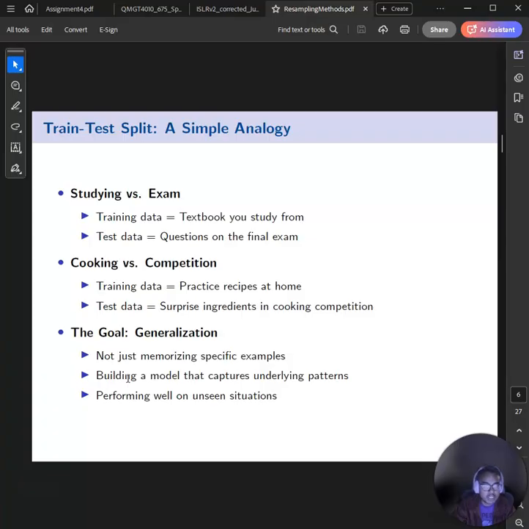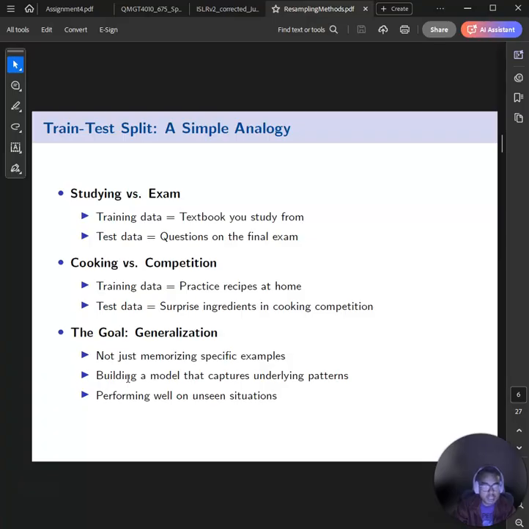Or you can consider cooking. When you practice recipes at home, that is your training data. But when you enter a cooking competition with surprise ingredients, that is your test data. You need to have learned general cooking principles, not just specific recipes. The key concept here is generalization. We are not interested in models that can simply memorize specific examples.